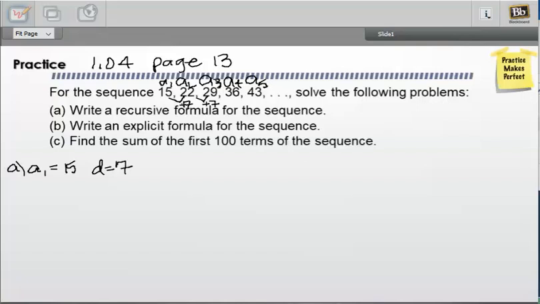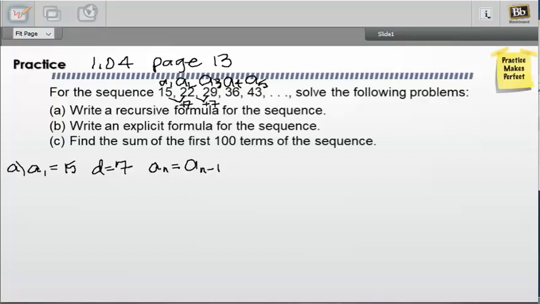All right, so we take that information and we use that to write our recursive formula. So A sub n, that's how I start my formula. We're going to take A sub n minus 1, because remember when we said recursive, it always depends on the previous term.